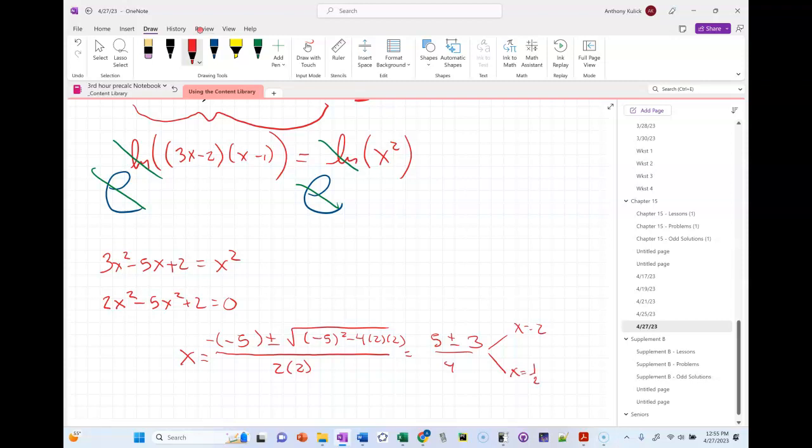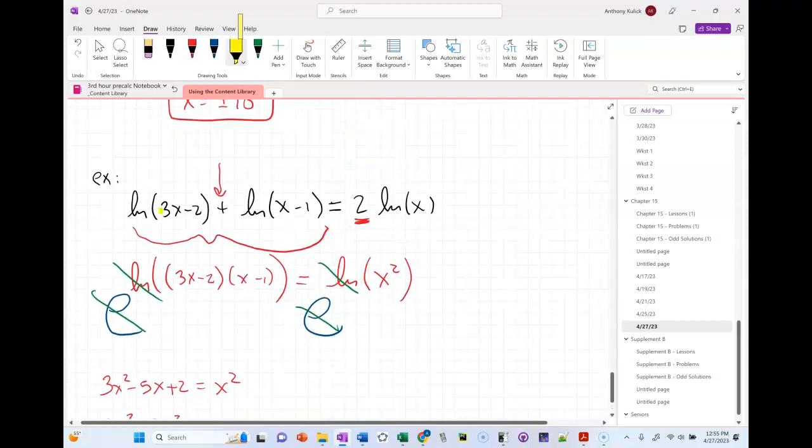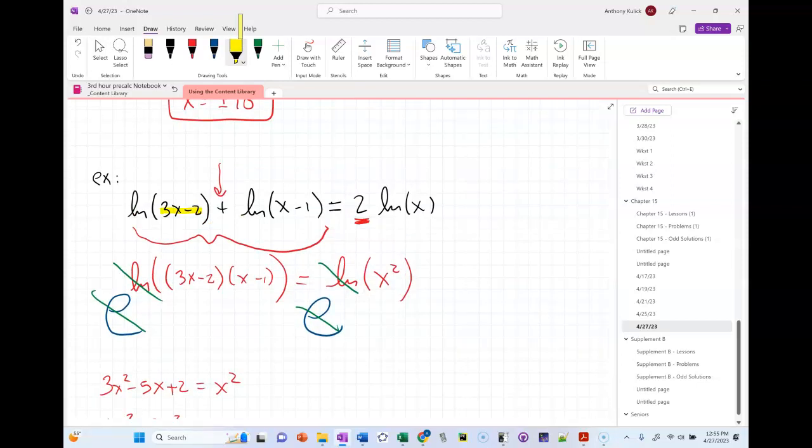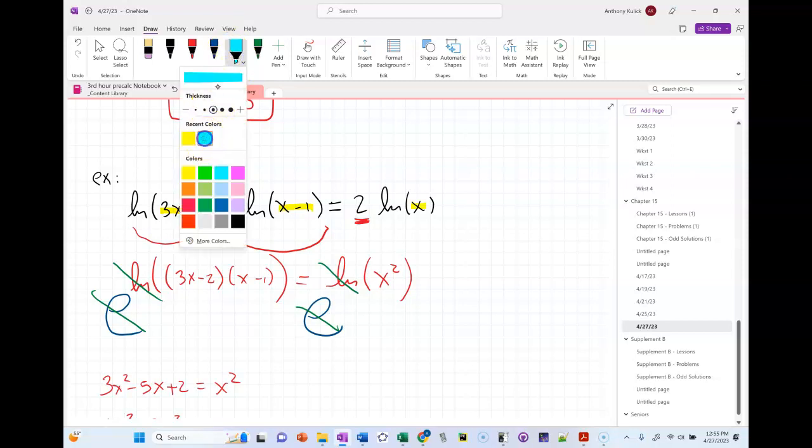But I'm not done yet. I've got to go back and check. So if I take x equals 2, back to the beginning, 3 times 2 minus 2 is positive. 2 minus 1, positive. Regular old 2, positive. So that one's good.